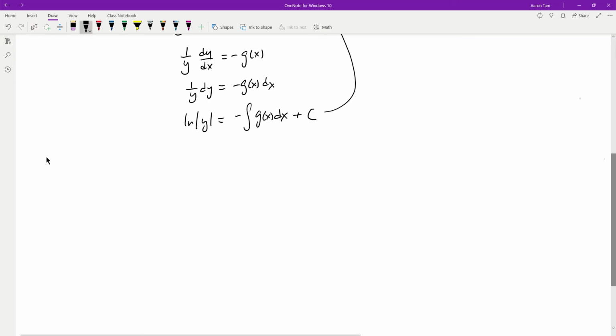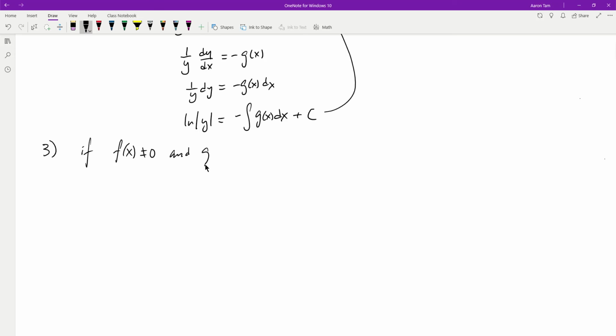That's case number three. If f of x is not 0 and g of x is not 0, then it will require a new method to find the solution set.